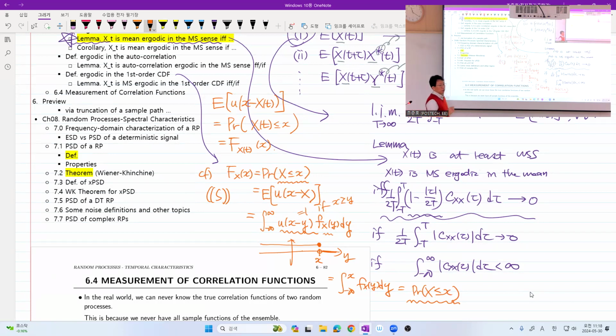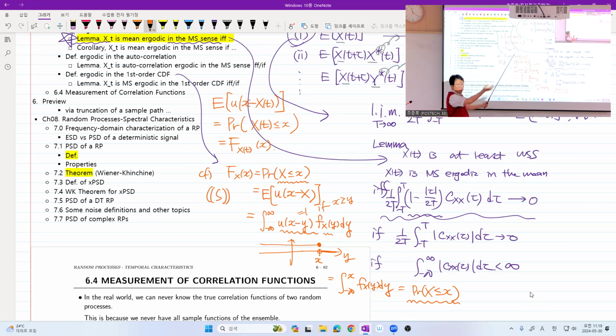Got it? That appeared in Kolmogorov's theorem, right? In order to talk about Kolmogorov's theorem, we defined the first order CDF, second order CDF, nth order CDF of a random process X of t. So now we want to talk about an ergodic random process that is ergodic in the first order CDF, or simply ergodic in distribution.